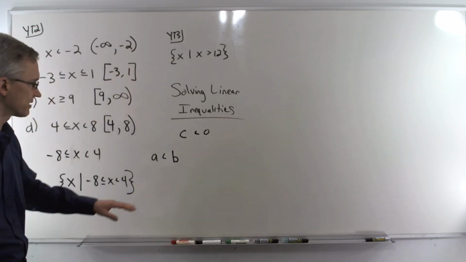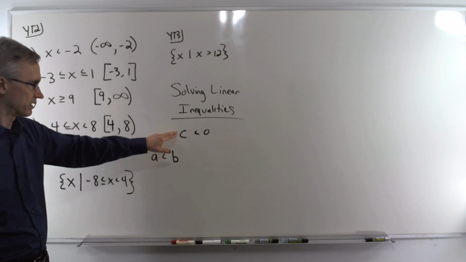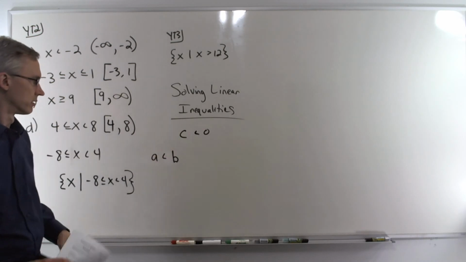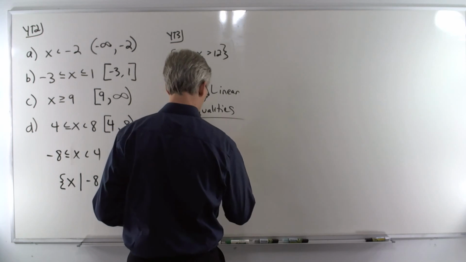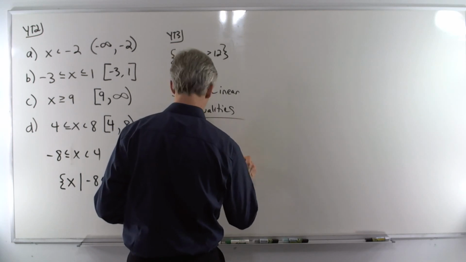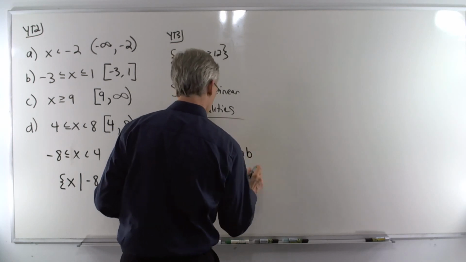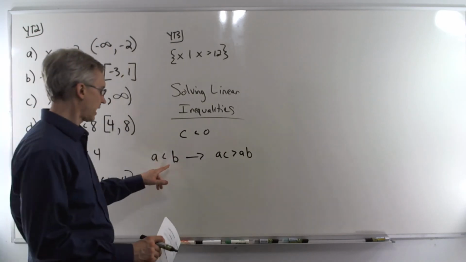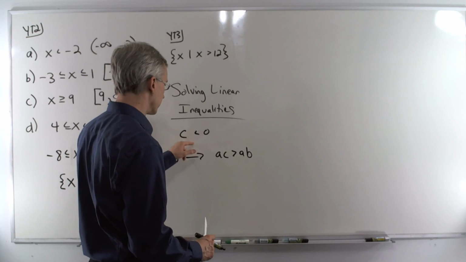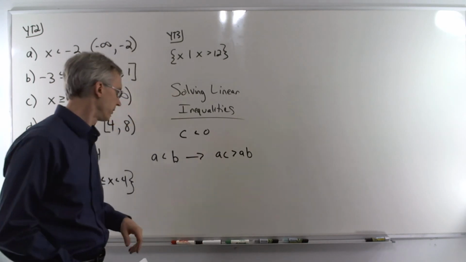Then if a is less than b, and c is a negative number, that means ac is greater than bc. So if we multiply both sides of this inequality by c, we get ac is greater than bc.